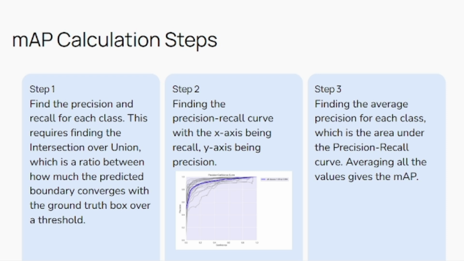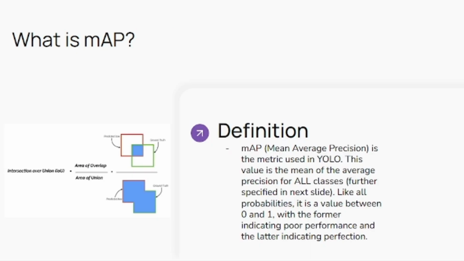To find it, it would require finding the intersection over union, which is just how well the predicted bounding box overlapped the ground truth box, which we can calculate, as we can see in our previous slide, by dividing the overlap of the area by the area of union across the boxes.